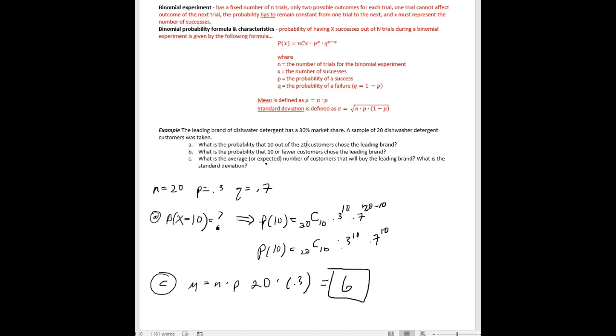That is the value we would expect to see. Now what is the standard deviation? We know the formula for standard deviation is the square root of NPQ. That's the square root of 20 times 0.3 times 0.7, which is roughly 2.05. There's a bunch of decimals, but that's about it.